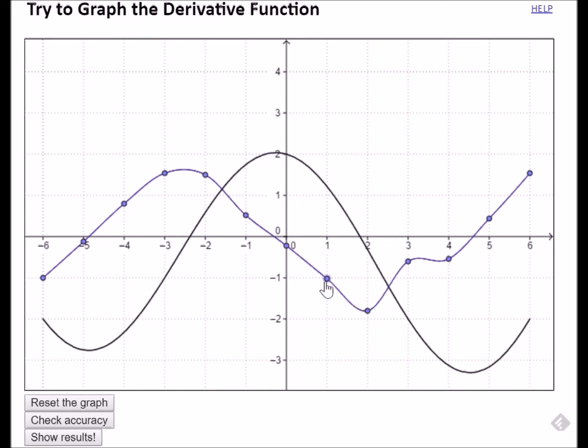I'll just adjust this slightly here. Okay, I want my curve to look smooth. And then I'm becoming less and less negative, so my derivative will be increasing from here all the way to here. So I want to have an increasing function. Okay, it crosses the x-axis still here. Okay, that's good.